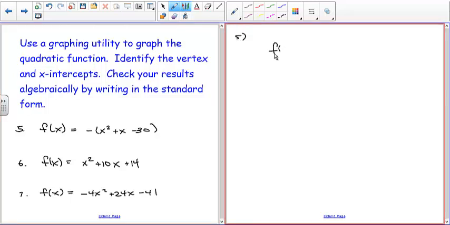Okay, so we've got f of x equals negative. What I'm going to do is take this last term out and put it by itself. So you're going to have negative the quantity x squared plus x, and then this negative 30, negative and negative 30, I'm going to put it here as plus 30. And you see that's why the vertex is close to 30, almost 30.